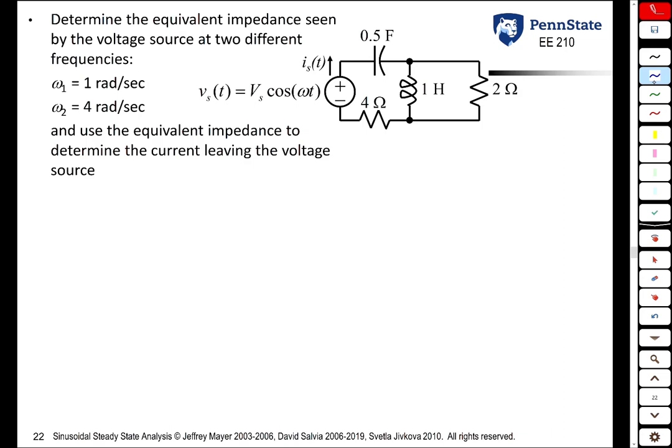And then we're going to use that equivalent impedance to determine the current leaving the voltage source in these two situations. To make things a little simpler, I'm actually going to give a value for this voltage source. We're going to make it a magnitude of 4. And of course, omega is either going to be 1 radian per second or 4 radians per second.